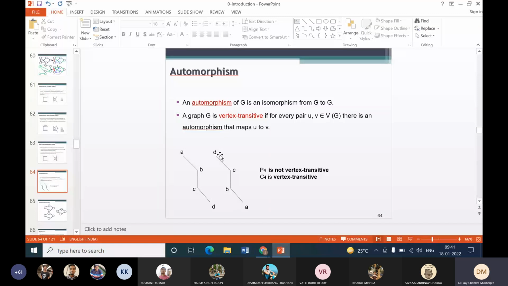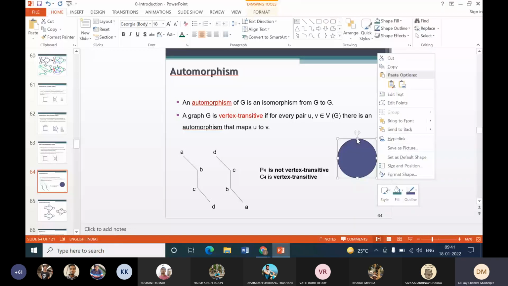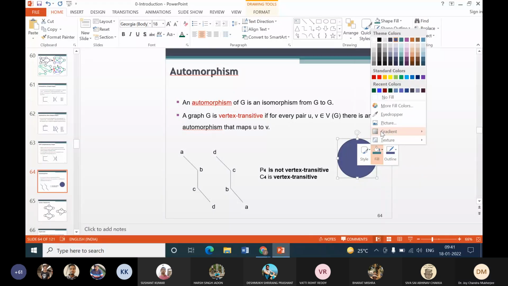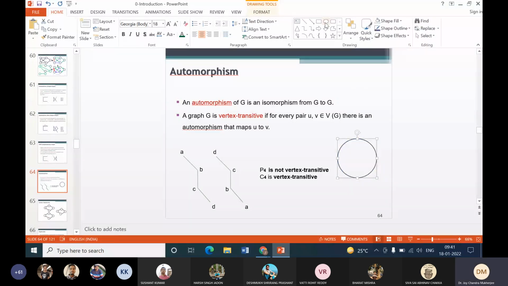But C4, like if you take a graph like this, suppose it has few vertices.